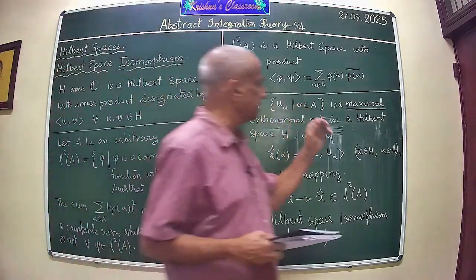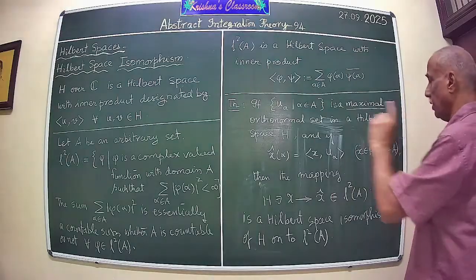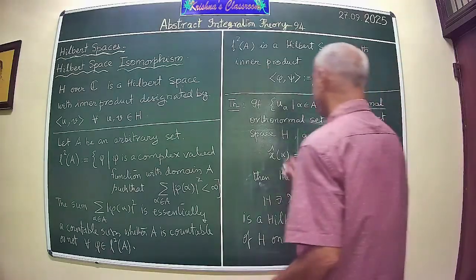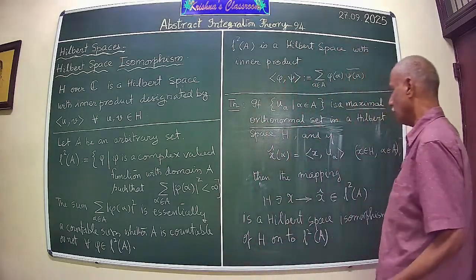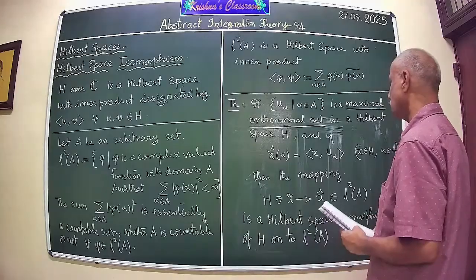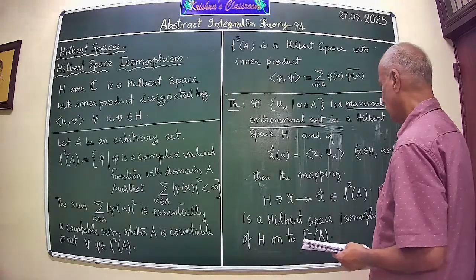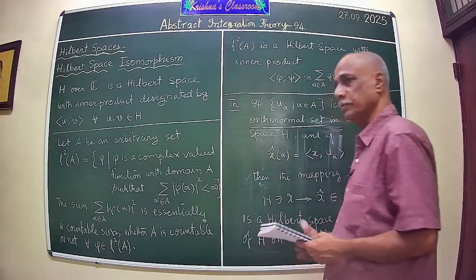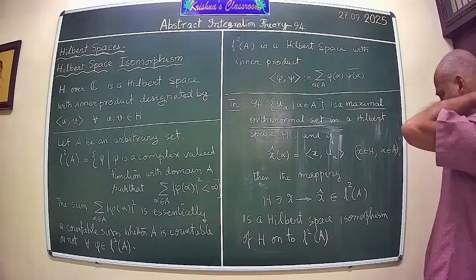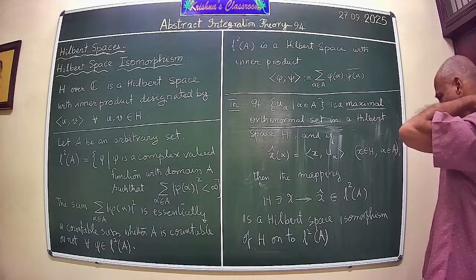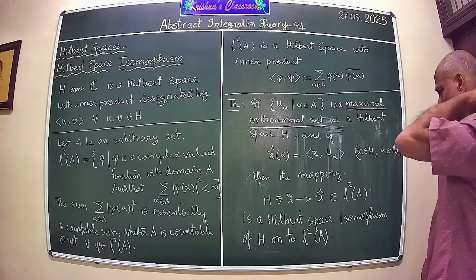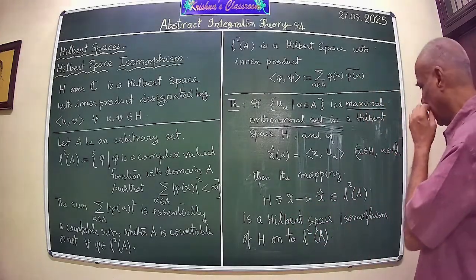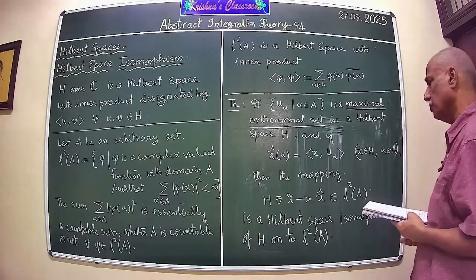What we have proved is this: if u alpha is a maximal orthonormal set in a Hilbert space, then if you write down the corresponding L2A, L2A is a Hilbert space, and the map from x to x hat is a Hilbert space isomorphism of X onto L2A.